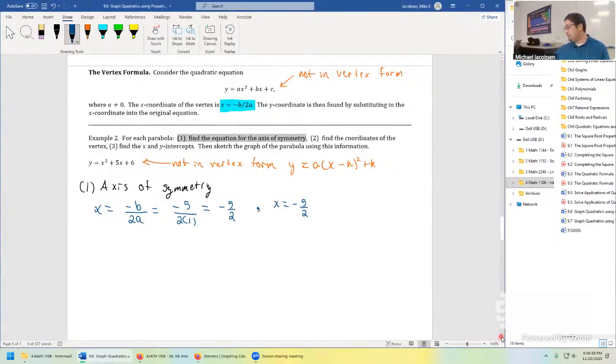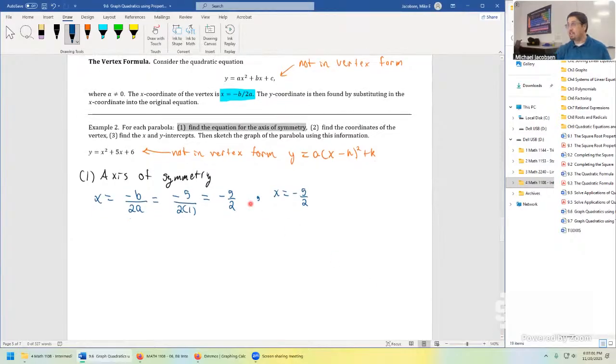So let's review what it said to do to get the other half of the vertex. The y-coordinate for the other half is found by substituting in the x-coordinate, the one we just found, back into the original equation, and that's the original equation there by the red dot. So step 2 is just a spot of arithmetic. We're going to go for the vertex.